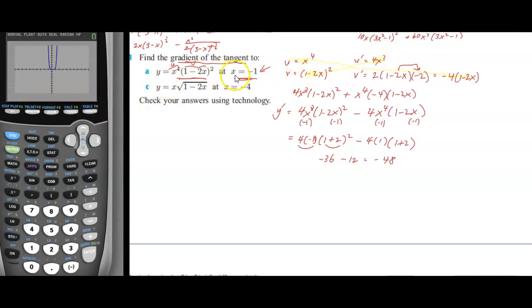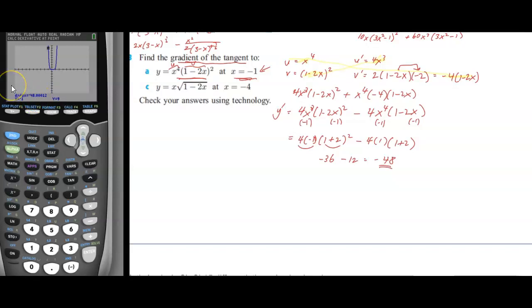And then I'm going to do second calc dy dx negative 1, and that's going to give me the derivative at that point. The calculator cannot take the derivative as a function, but it can find the derivative at a specific point. Second calc dy dx, and then I just type in negative 1, enter, and it says the derivative is negative 48.000. Confirmed.